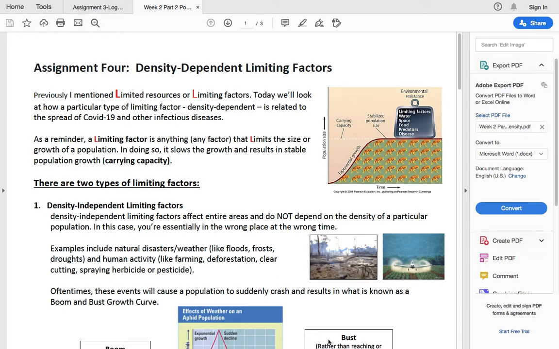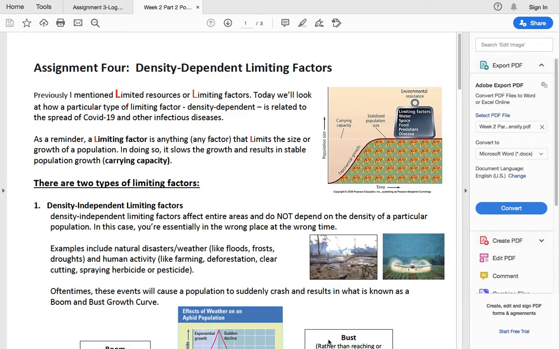Density-Dependent Limiting Factors. As I previously mentioned, limited resources or limiting factors. Today we'll look at how a particular type of limiting factor, density-dependent, is related to the spread of COVID-19 and other infectious diseases.